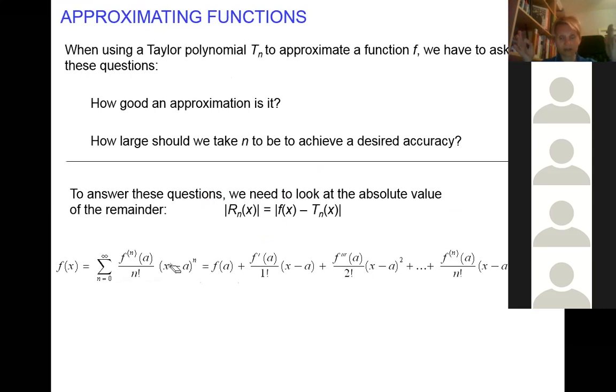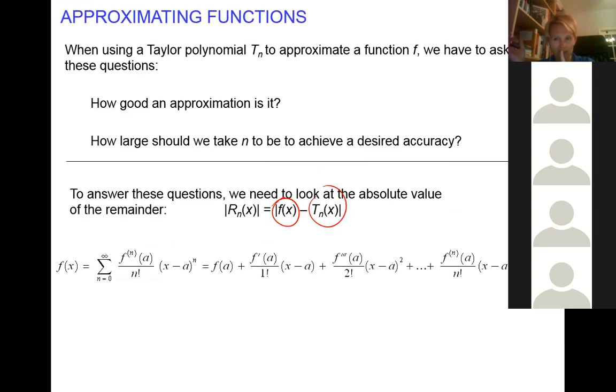Of course, the entire series is the entire sum. Taking the Taylor polynomial, I'm leaving some margin, some error. And this error is simply the entire function minus the Taylor polynomial. I can show you the theorem for how big this error is.